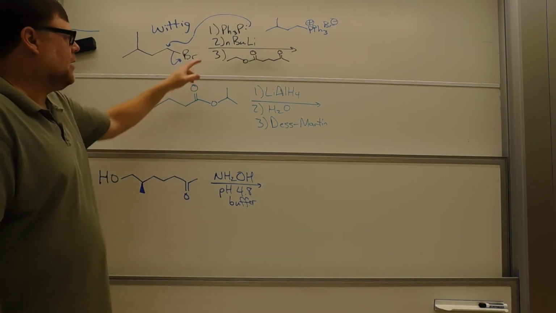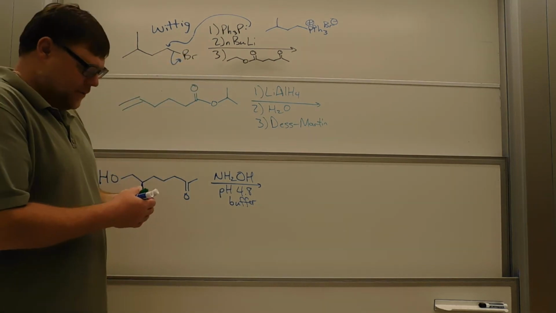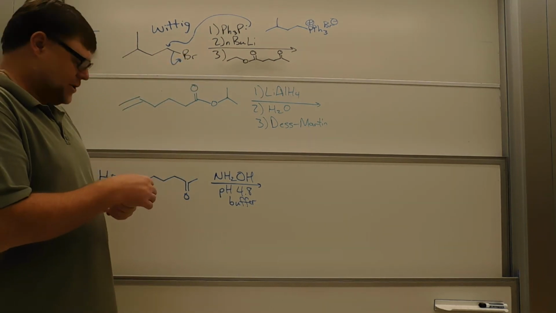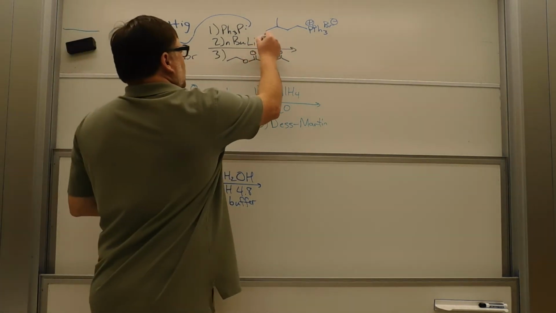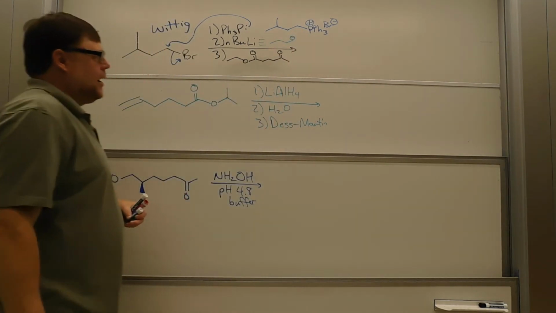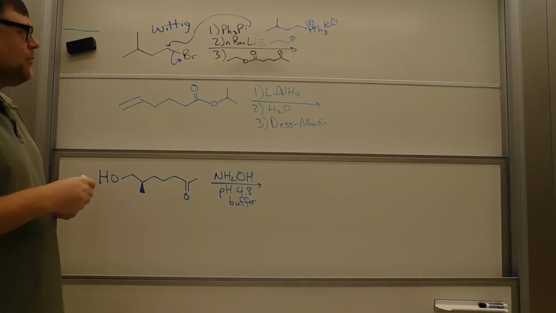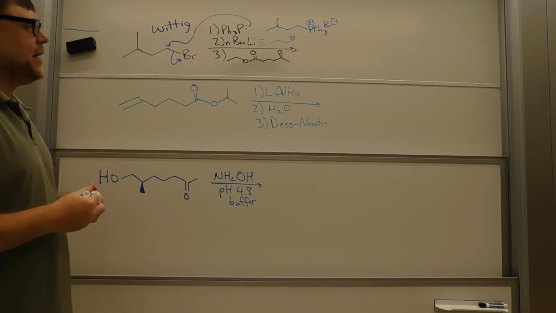Probably not going to purify it, but then we're going to treat the phosphonium salt with n-butyllithium. And remember that n-butyllithium is just a really strong base. So this is going to react as if it's that anion. And again, the carbon-lithium bond is pretty much completely covalent, but the molecule reacts as if it's that anion.